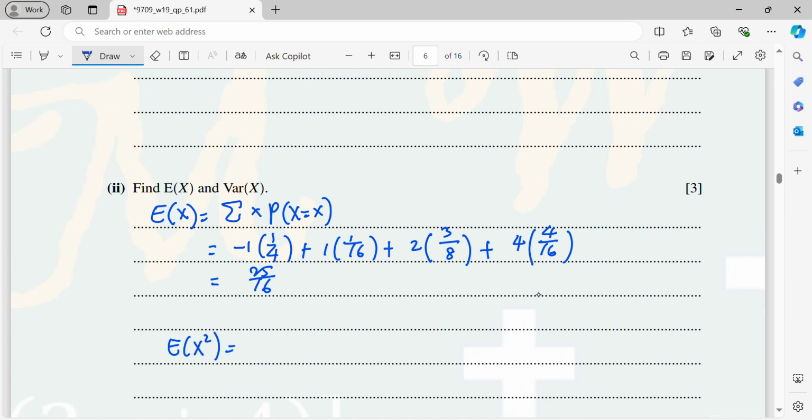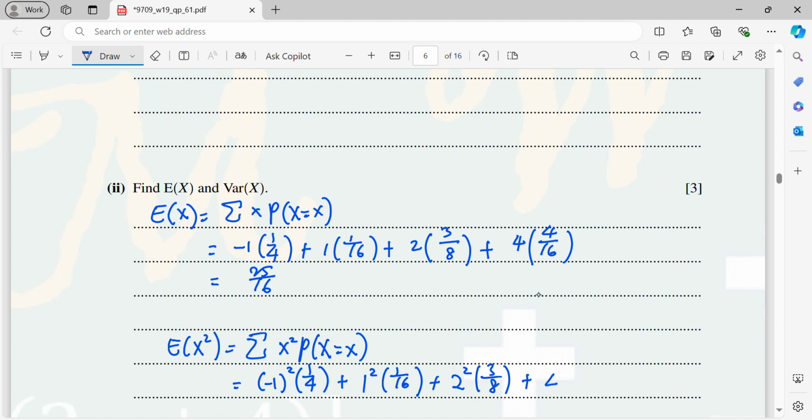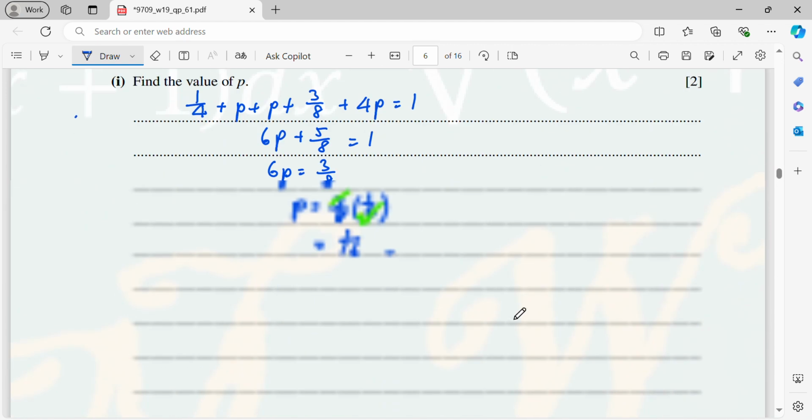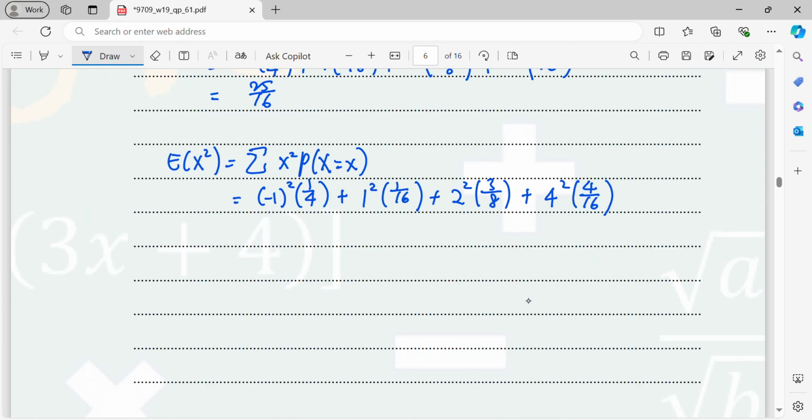So E(X squared) means now you need to square all the X. This is the definition. So you square the X, minus 1 changes to minus 1 squared, then the probability remains. 1 changes to 1 squared, multiply with the probability, 2 changes to 2 squared, then the probability, and lastly 4 squared. Okay, when you calculate this, that is going to be 93 over 16.